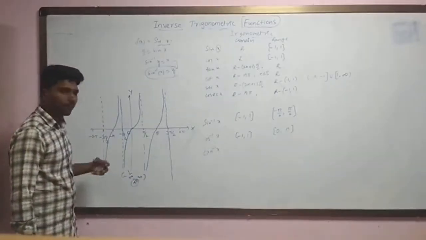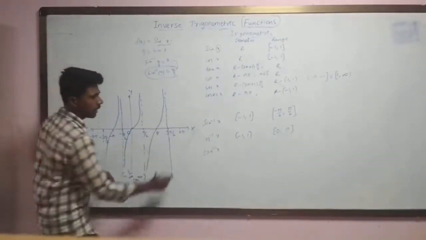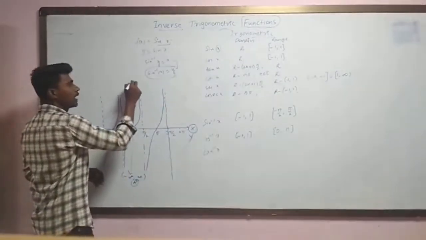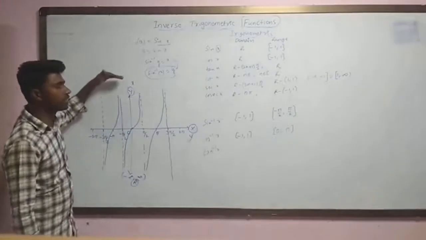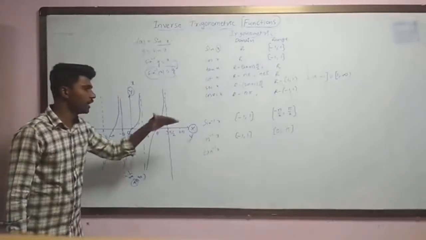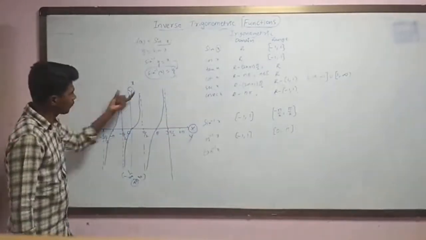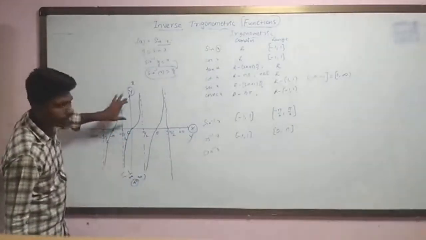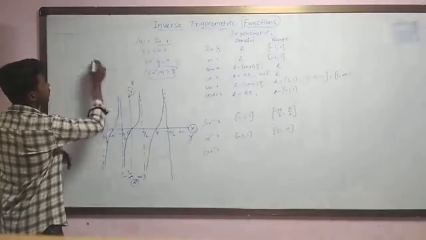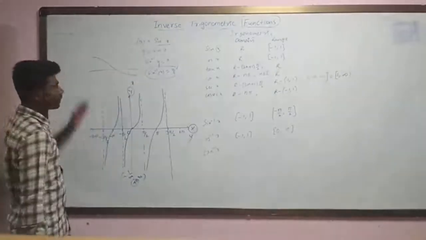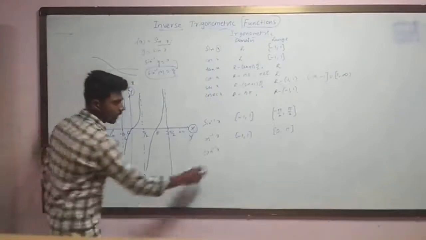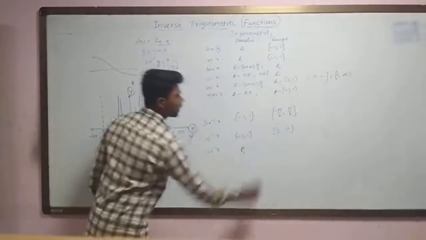If I want to define tan inverse x, then x becomes y and y becomes x. Now what about its domain and its range? The domain is all real numbers, because the y-axis becomes the x-axis. If I shift like this, we get it this way. So for all real numbers it exists. We can write that the domain of tan inverse x is all real numbers.